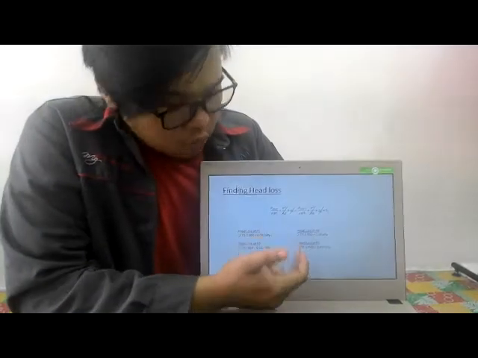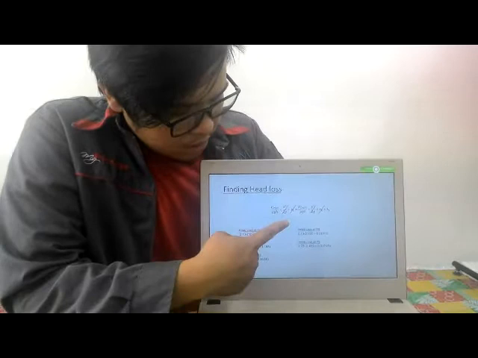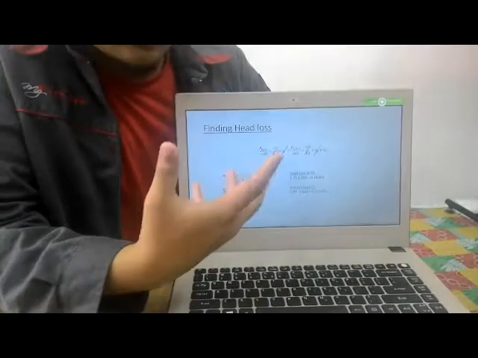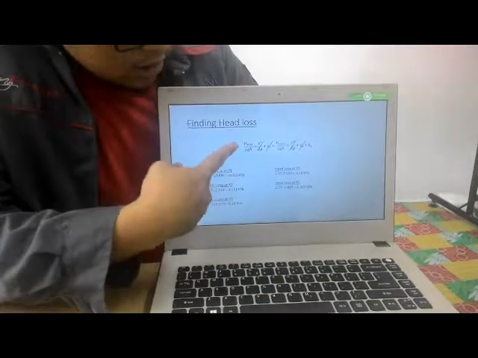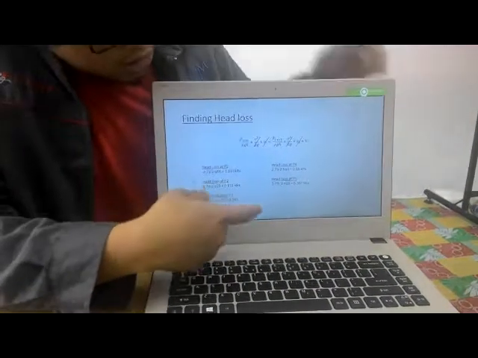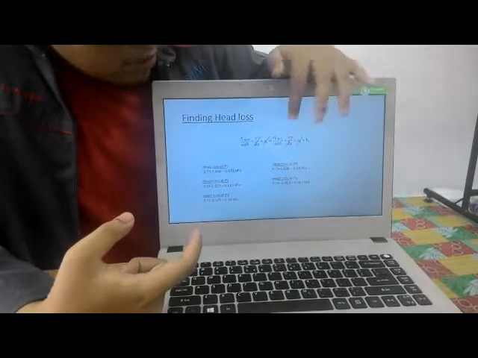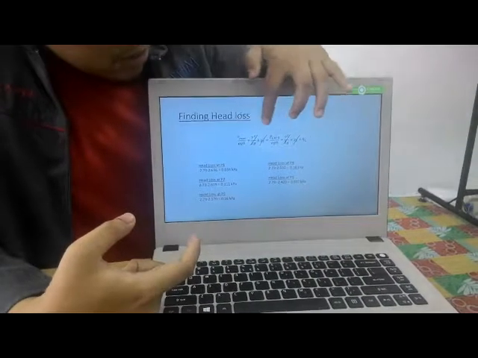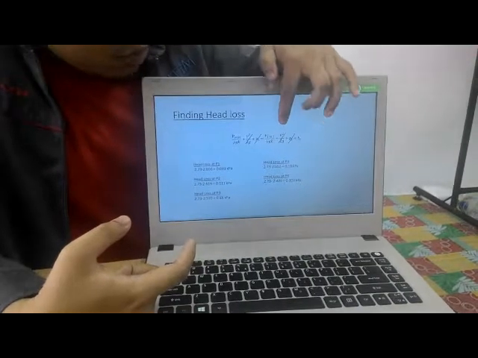The height is equal throughout the experiment, so we eliminate the g, the v, and the h. So it can simply be concluded as the pressure at inlet over rho gh is equal to the pressure at a certain point over rho gh plus head loss. So by subtracting the pressure at the point, we will get the head loss.